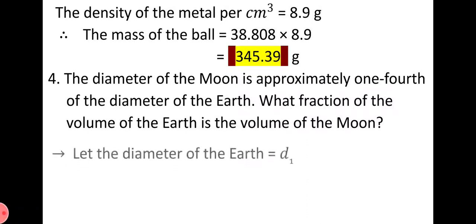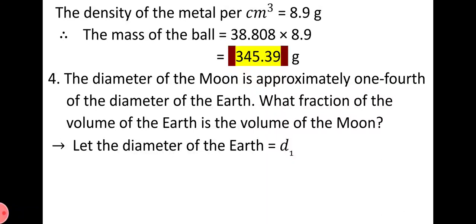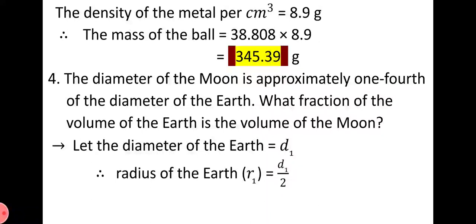So for solution, let the diameter of the earth equal to d1. Therefore radius of the earth r1 will be half the diameter of earth, that is d1 by 2. Because we are comparing two things, we are taking 1 and 2.